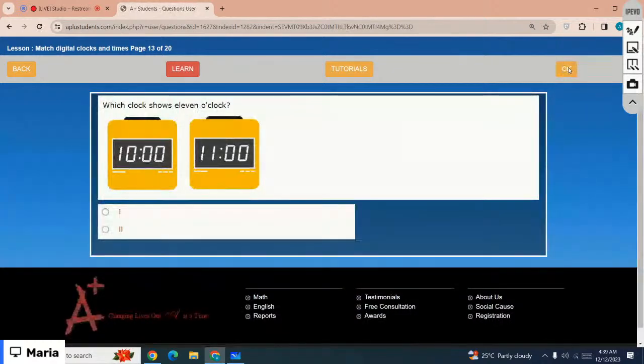Which clock shows 1 o'clock? Which is the correct option? Yes, the second one is the correct option, right?